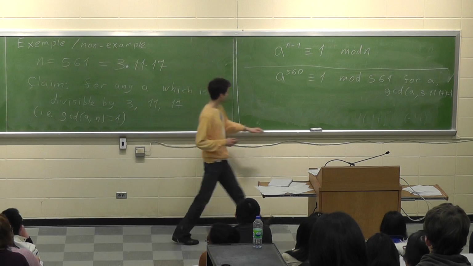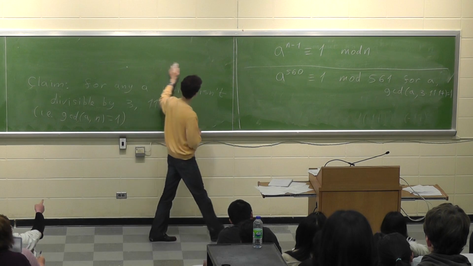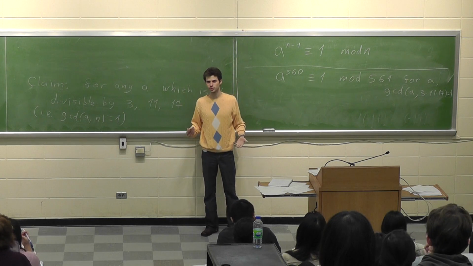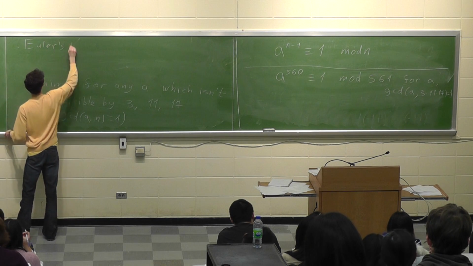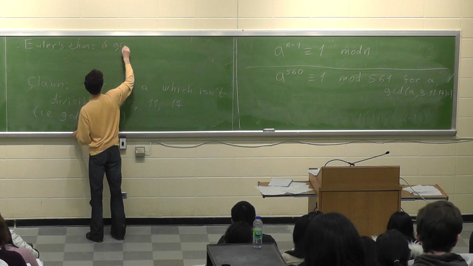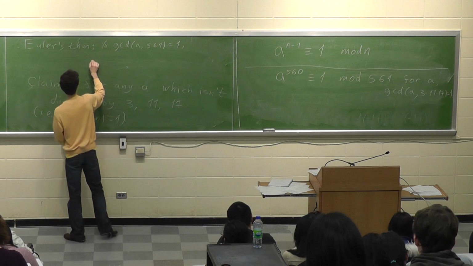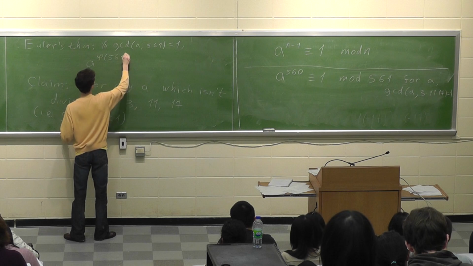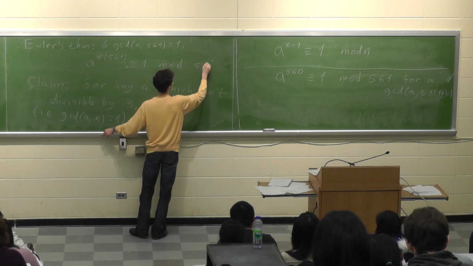Okay, so Euler's theorem. One idea is, how do we show that a to some power is congruent to 1 modulo a number? One of the things we know is Euler's theorem. It tells us that if GCD of a and 561 is equal to 1, then a to the power of phi of 561 is congruent to 1 modulo 561.